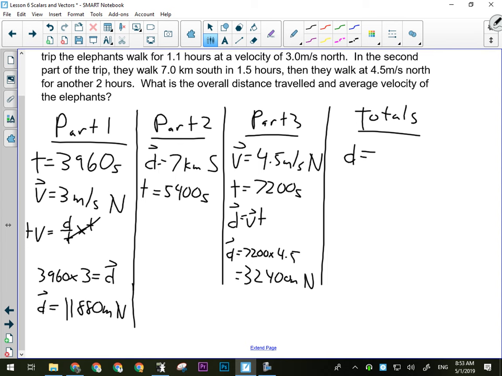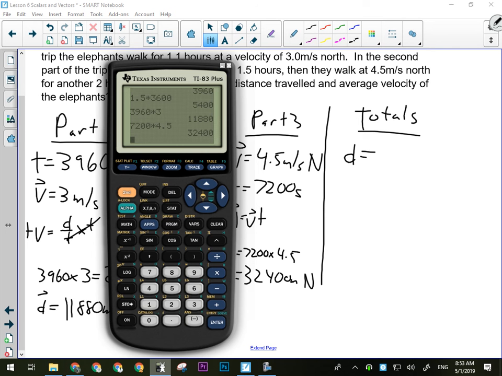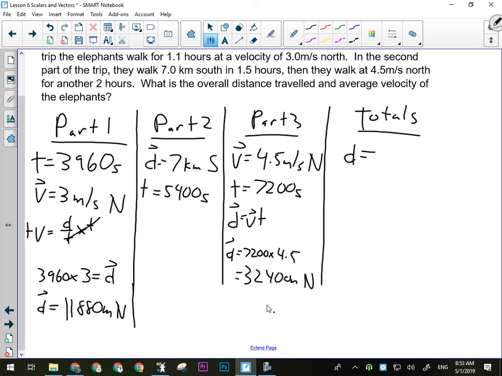Sorry, that wasn't enough. I missed a 0. I thought that looked, oh, no, it is there. So it looks to me like they walk a lot further north than they walk south. Agreed?